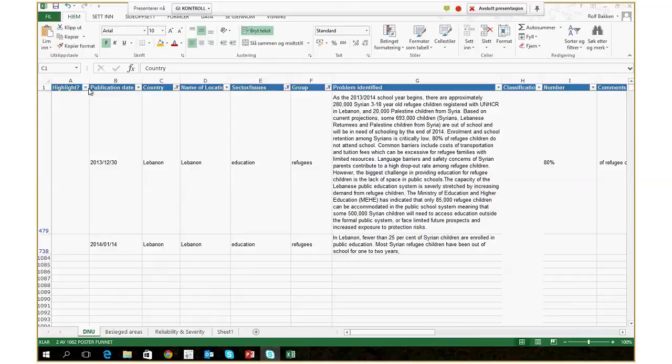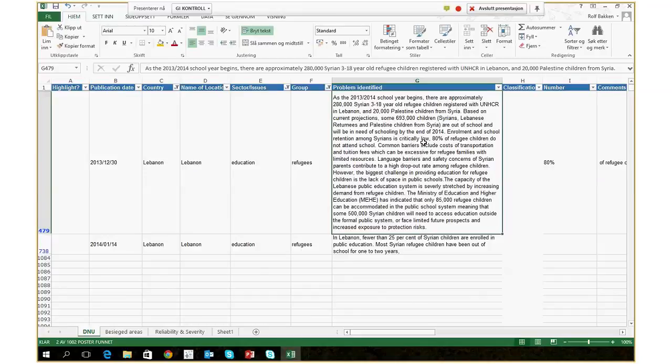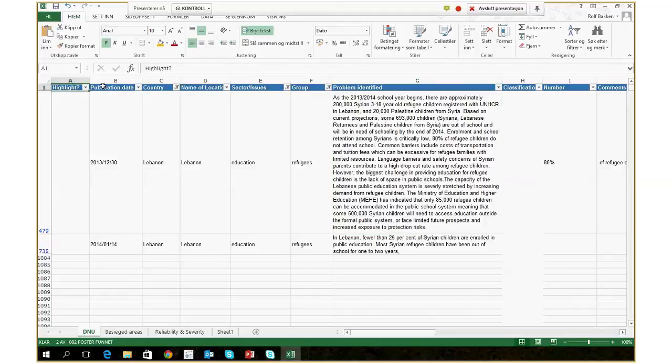It's based on what we at ACAPS felt were the necessary filters for the products that we were issuing. We were publishing regular analyses of the Syrian humanitarian situation, and we found it useful to have these headlines and these tags when we went into the analysis.